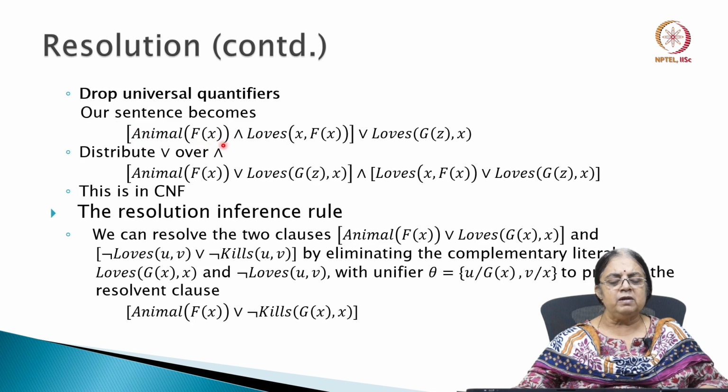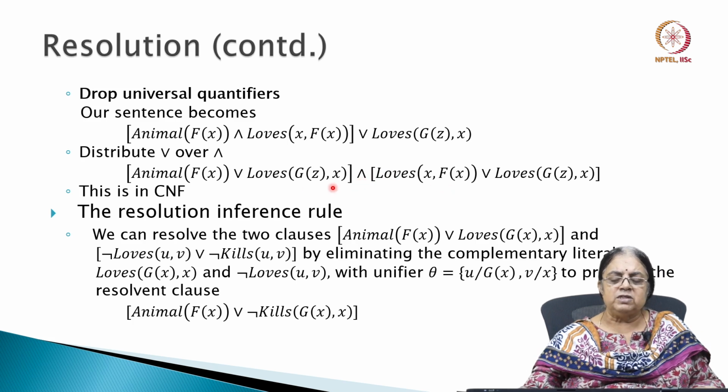You'll get animal f of x or loves g z x, and loves x f of x or loves g z x. Okay, so this is what you get after distributing, and then this is one term and this is another term which is separated by the and.